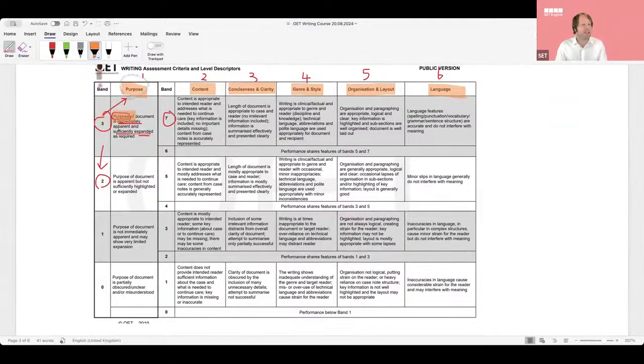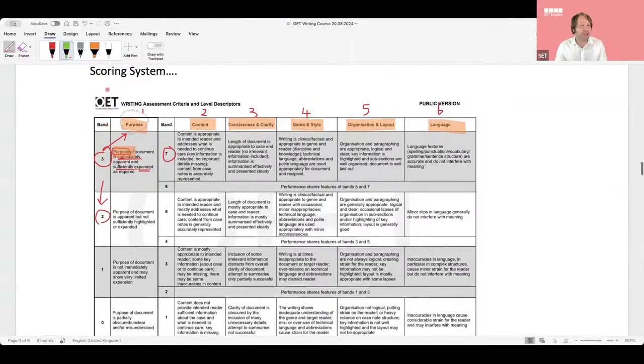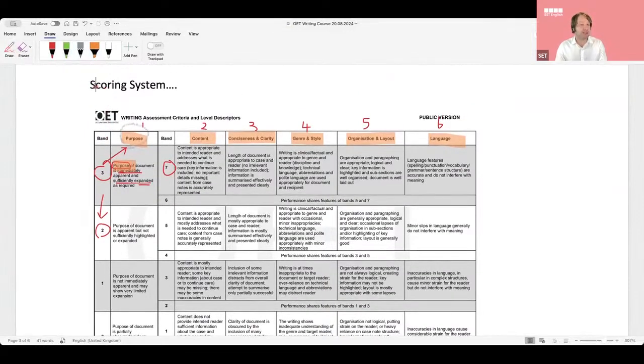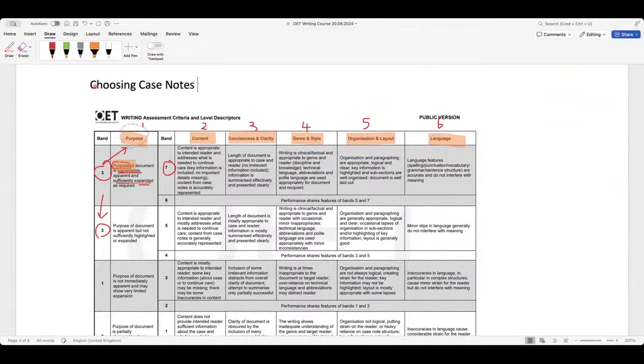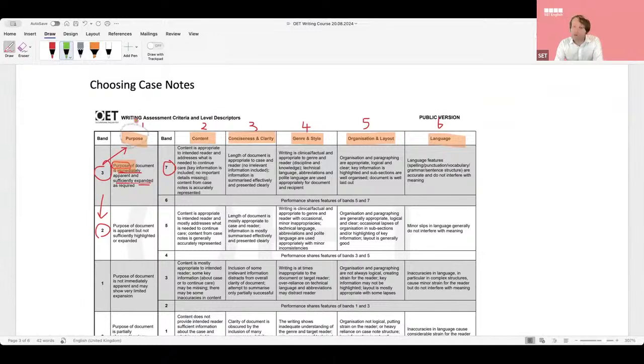Is there another category when we're choosing case notes? We need to know what the reader wants to know. Yeah, but what I'm saying is when you choose your case notes, where will you score? You will score in purpose.